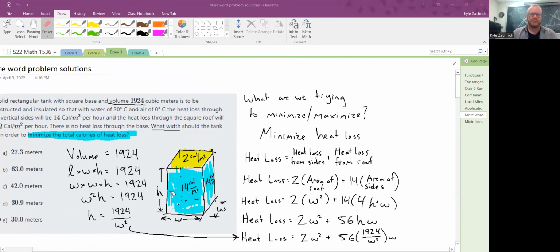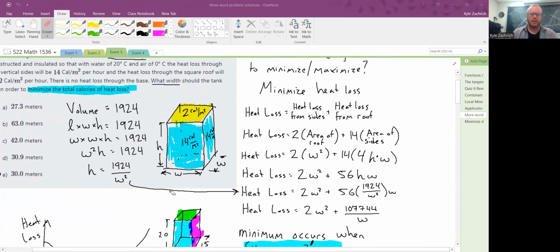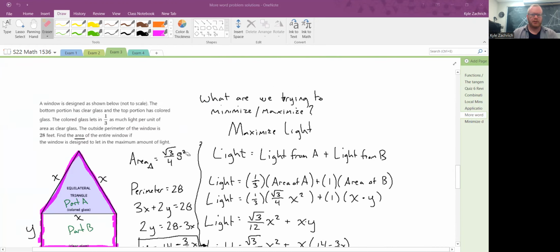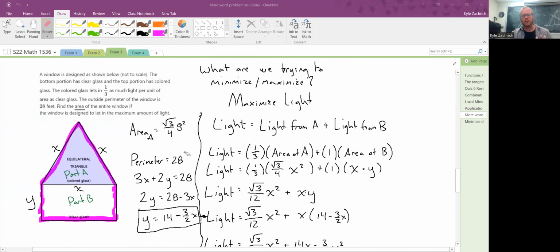So maybe I'll start by looking at the window one. So what's common about all of these in terms of what I'm going to be asking is I'm always going to be asking, what are we trying to minimize or maximize?